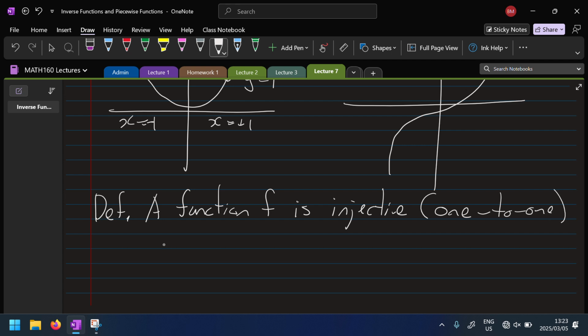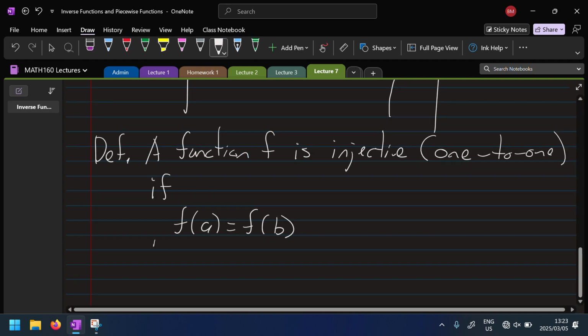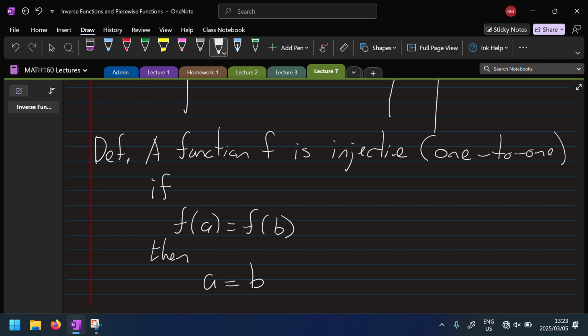It's 1 to 1 if, and then there's a condition that you can check. If it satisfies the condition, it's injective. If it doesn't satisfy the condition, it is not injective. So if f of a equals f of b, then a equals b. Very, very simple condition.